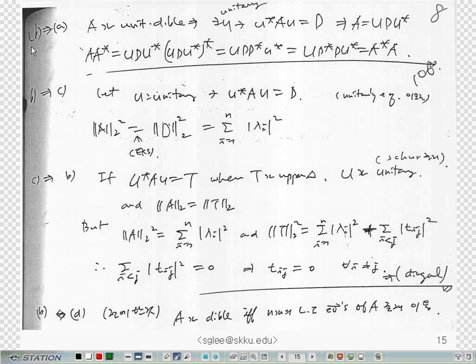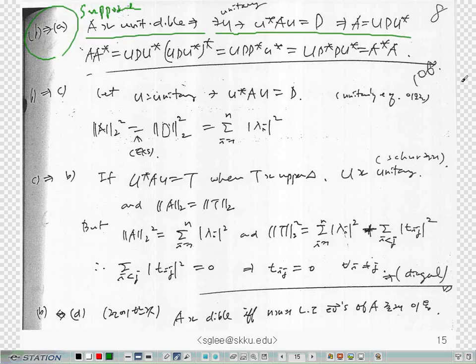Okay. Next, the other direction, from B to A. Suppose A is unitarily diagonalizable. We want to show A is normal. There exists a unitary matrix U such that U star A U is equal to D, a diagonal matrix. Then A can be written as U D U star.